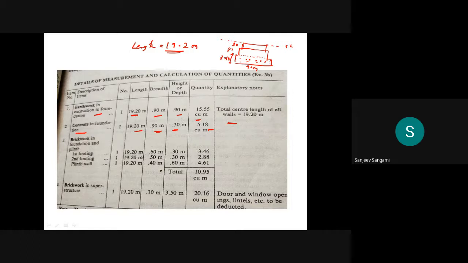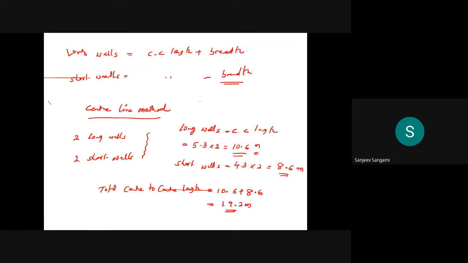Brickwork in foundation and the plinth. So the first footing, the length will remain the same, and breadth, if we check it out, might be it is the 60, it is 50. According to this, we'll just cross check it whether it's 60 or 50.